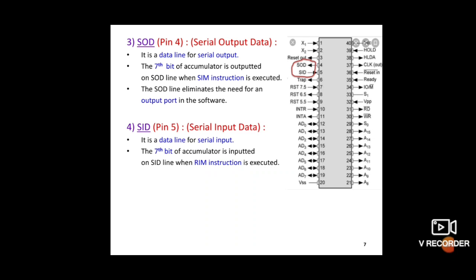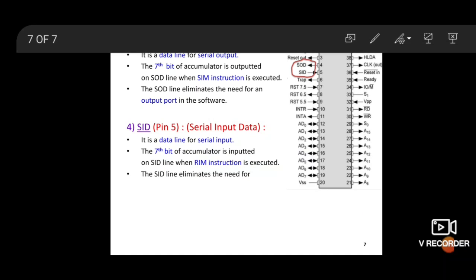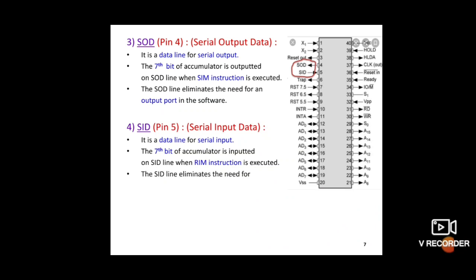What do you mean by RIM instruction? Read interrupt mask. This instruction also we will see later. But remember, same here, the 7th bit position in the accumulator register is connected to this SID pin, and the SID line eliminates the need for an input port in the software.